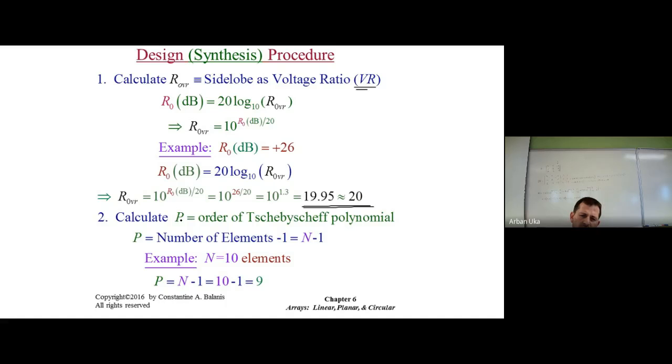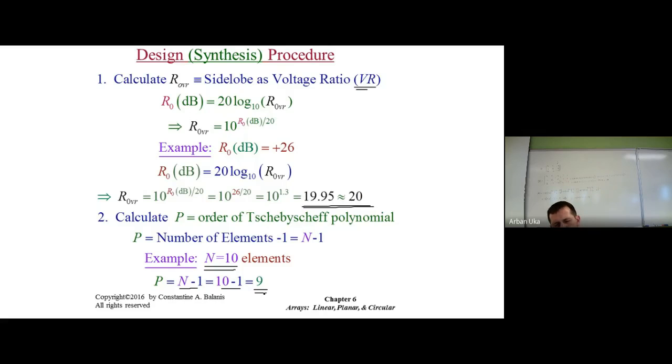Secondly, we said that the number of antennas in an array is going to be 10. That means that P, which is going to be equal to the order of the Chebyshev polynomial, is n minus 1. 10 minus 1 is equal to 9. That's good.